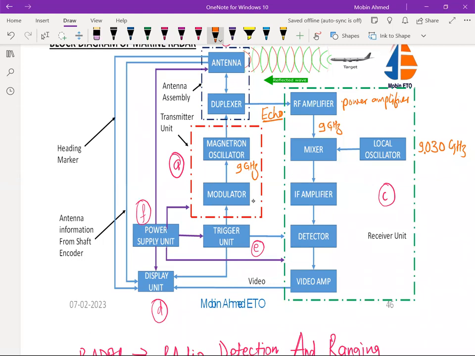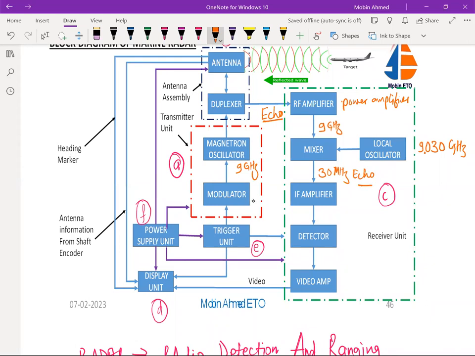The net frequency we get is 30 megahertz, which is known as an intermediate frequency. Intermediate means between this and this. So the echo has now changed to a 30 megahertz echo.